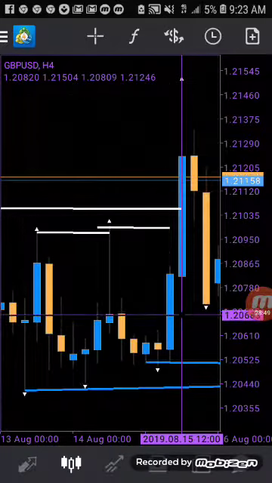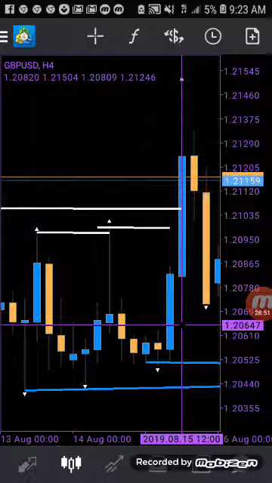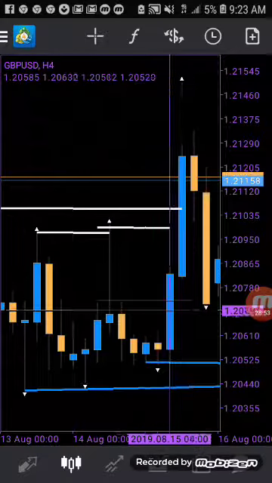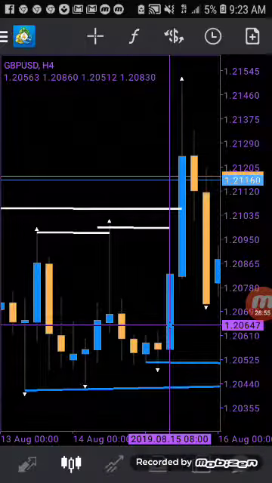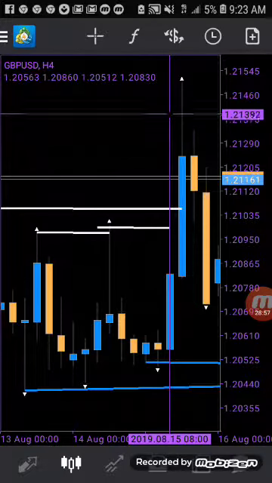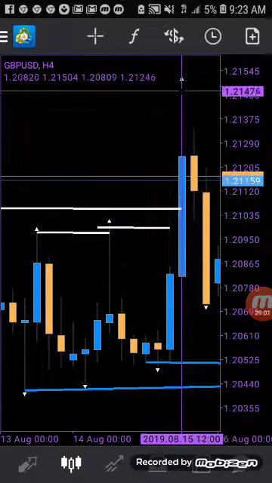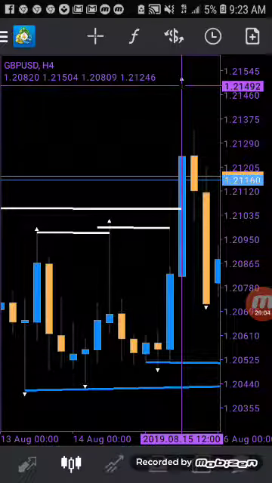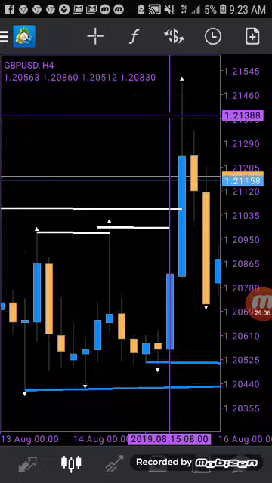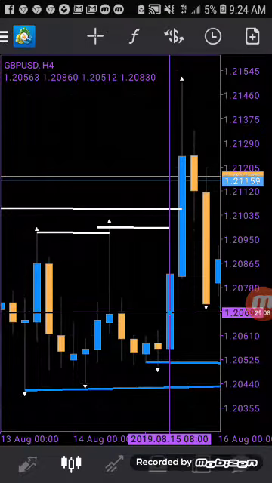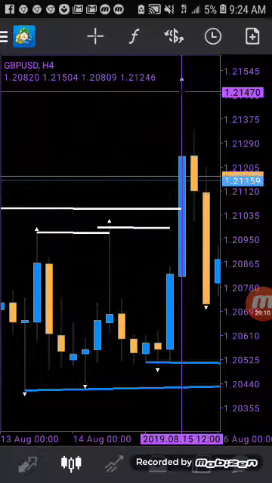If you caught it from down here, 64. This is all in just 8 hours. 64, and you got to 140. That's about 80 points. This is about $800 in 8 hours.